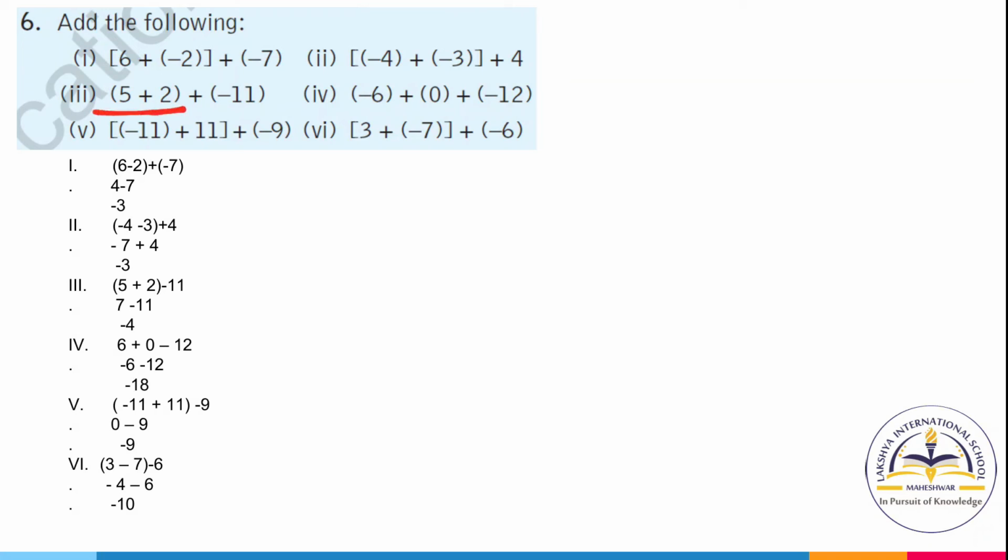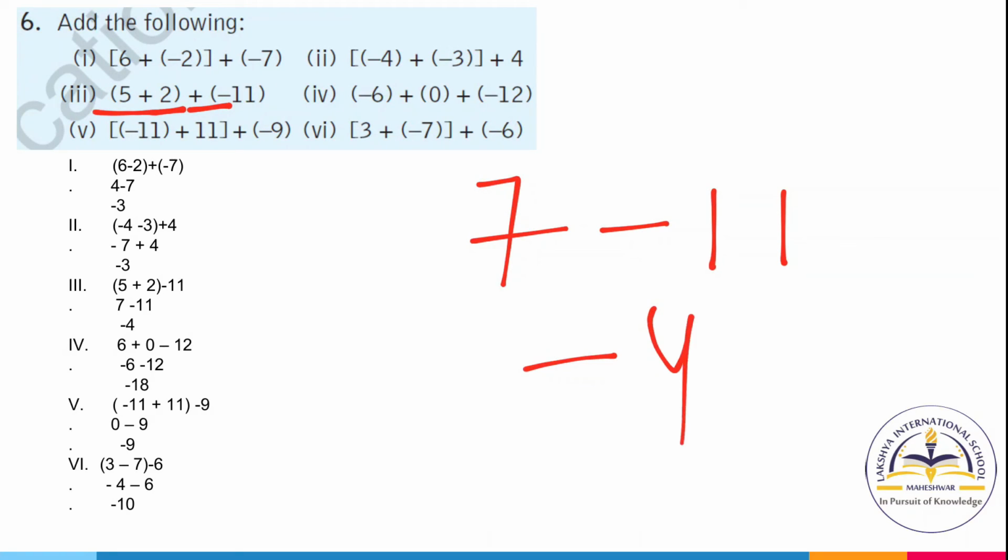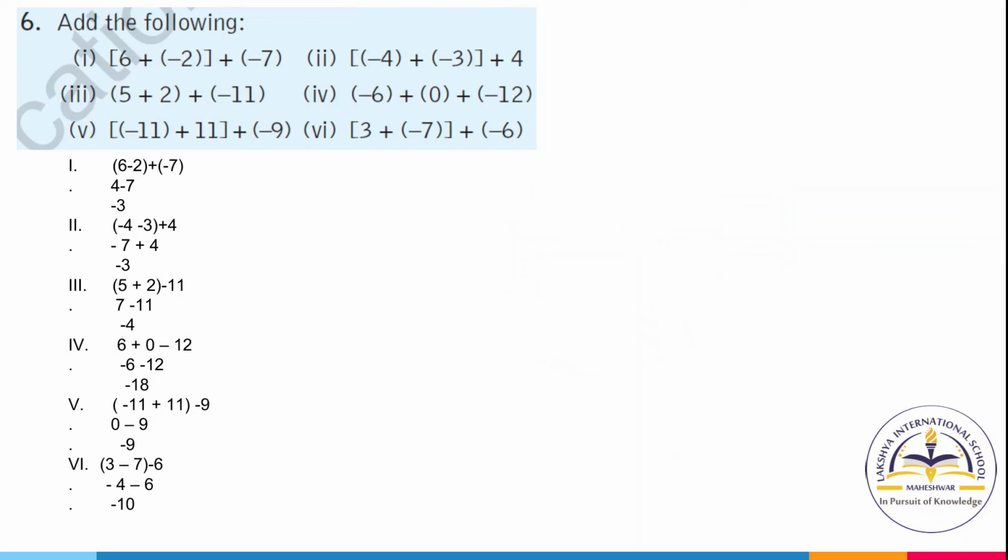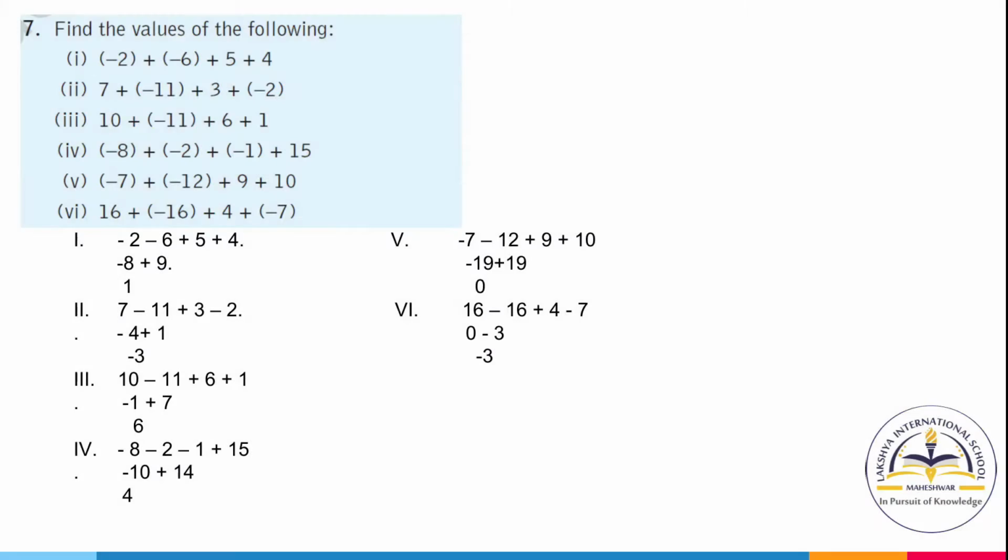Now 5 plus 2 is 7, then plus minus 11, 7 minus 11 is minus 4. So like this you have to solve this question.